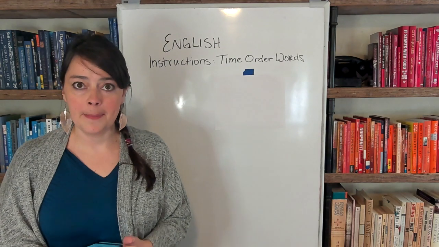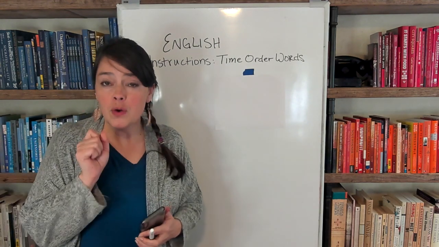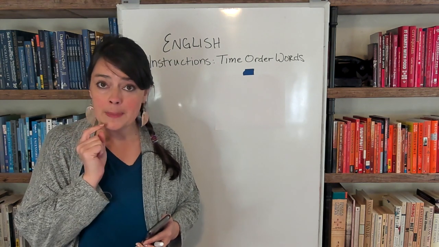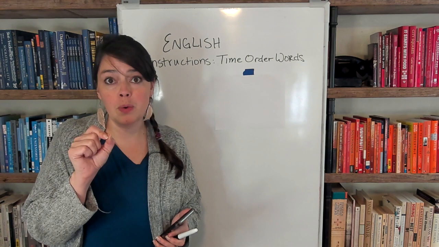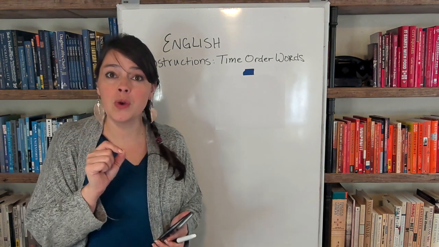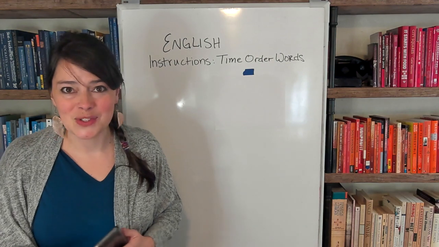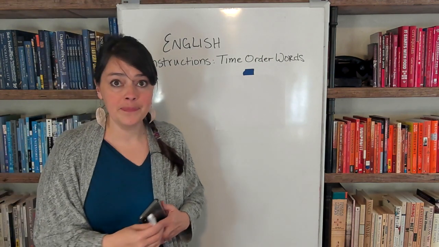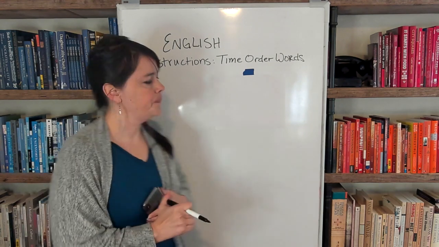You can follow them. And then at the end of this, I want you to take a photo of what you drew following my instructions. And on the photo of your picture, I also want you to write down what time order words you heard me use in my instructions. All right, are you ready? Blank piece of paper and a pencil, and let's go.